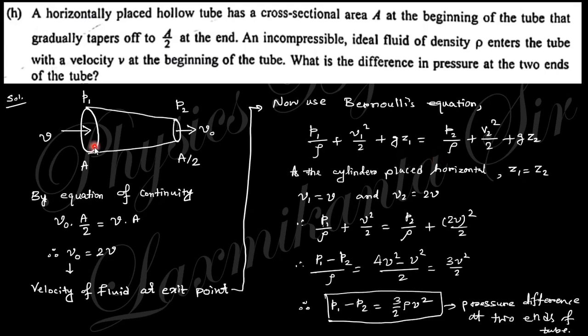If you apply this at those points, take pressure P1 and velocity v, and since this is horizontal, the height potential term will cancel out, the height will be the same. So V1 equals V and V2 equals 2V, and you can easily find the pressure difference: 3 by 2 rho V square. So this is the pressure difference between these two endpoints.